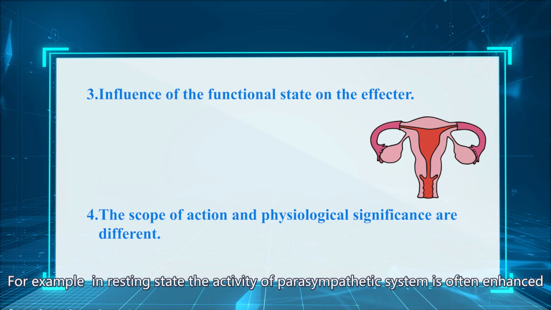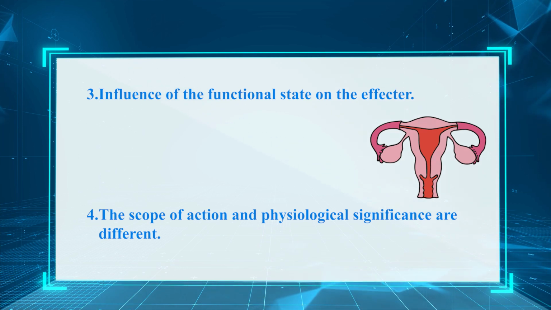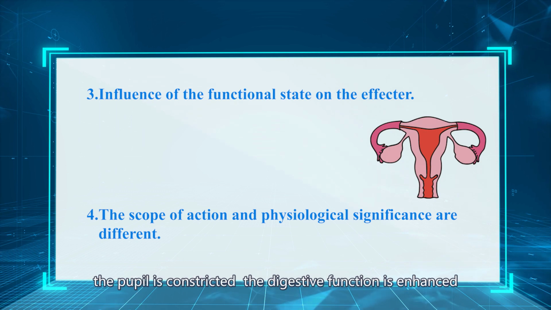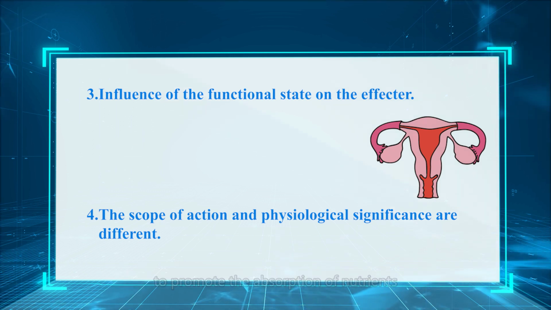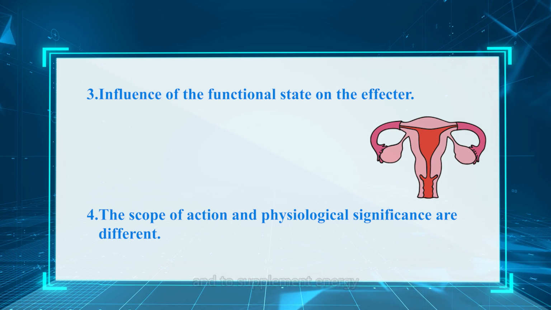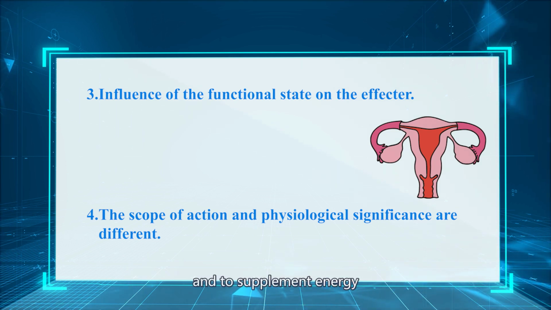For example, in the resting state, the activity of the parasympathetic system is often enhanced. At this time, the heart activity is inhibited. The pupil is constricted, and the digestive function is enhanced to promote the absorption of nutrients and to supplement energy.